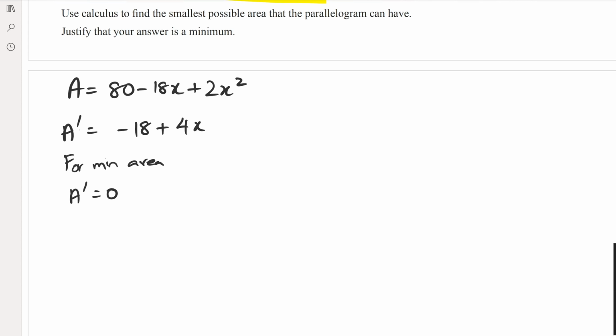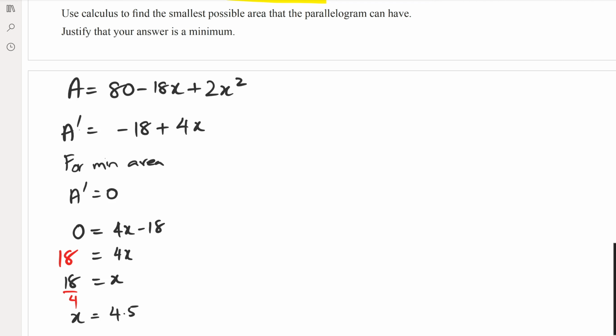So if the gradient is equal to 0, then I can put this as 0 equals 4x minus 18. And then I've got 18, when I rearrange it to the other side is positive. It's 4x. And then 18 over 4 equals x, which means I get x is equal to 4.5.